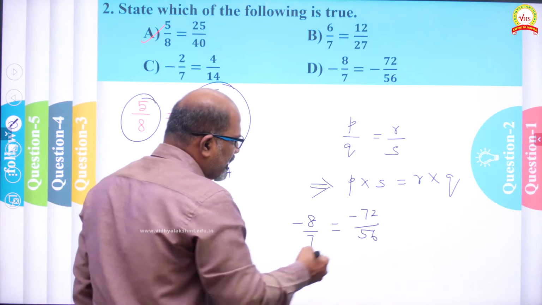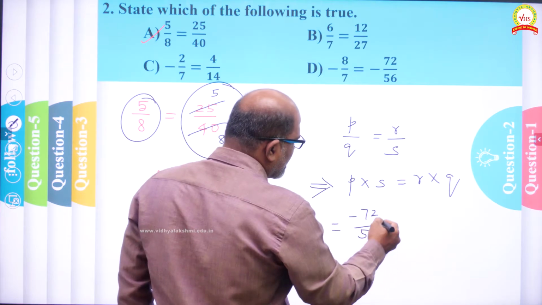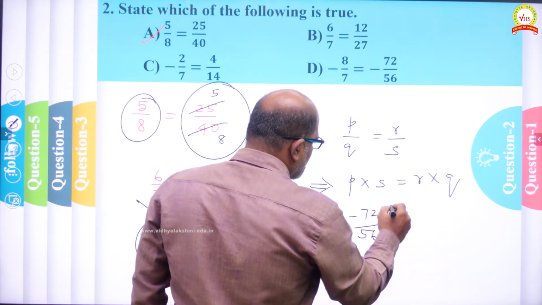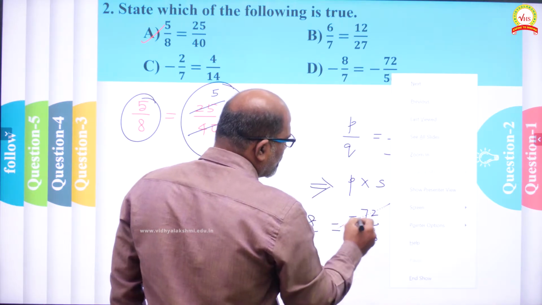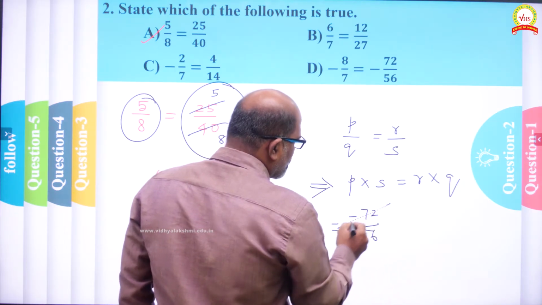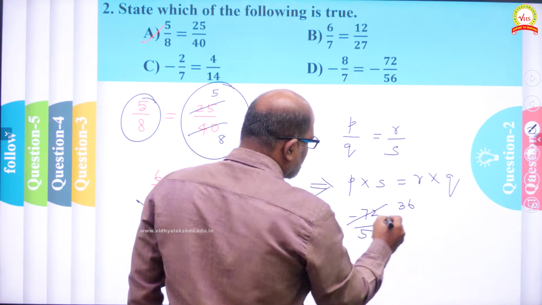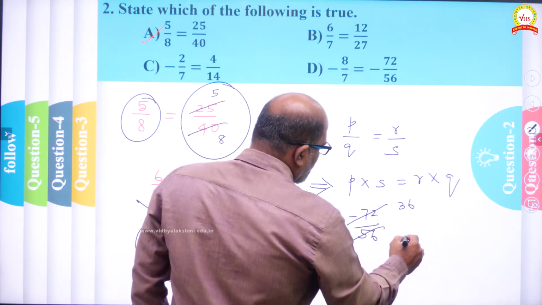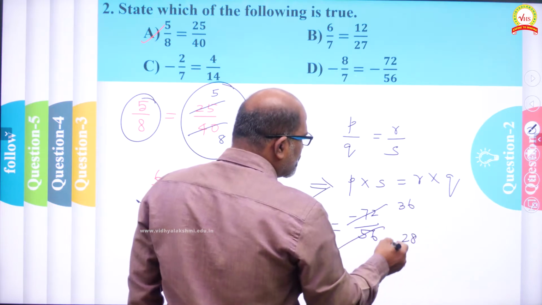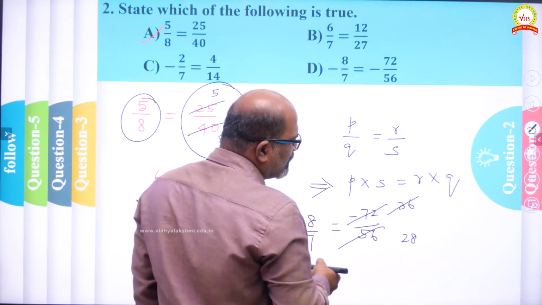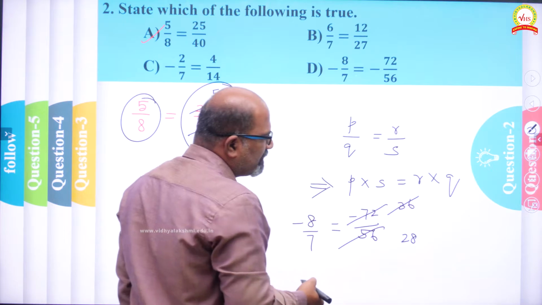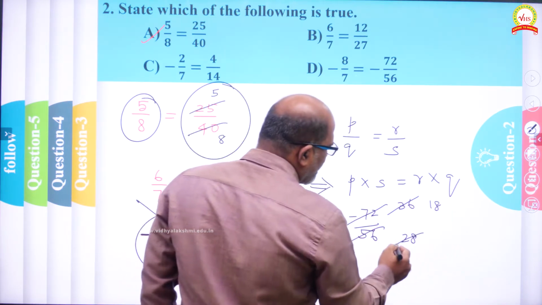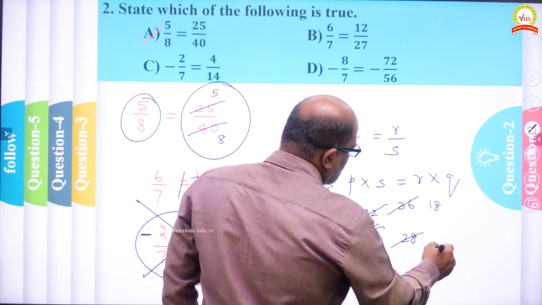When you make cancellation, because 2 is the common factor we can see here, after dividing by 2 you will have minus 36 here and 28 here. Again, obviously 2 is a common factor, so 18, and here you will have 14.